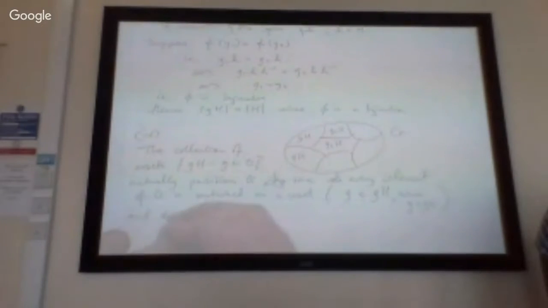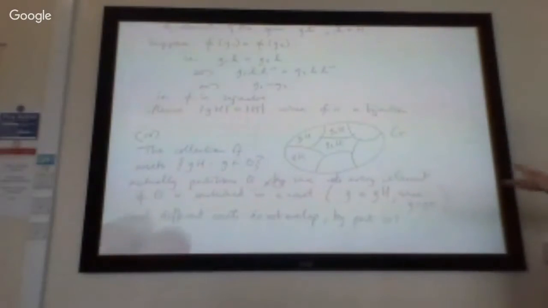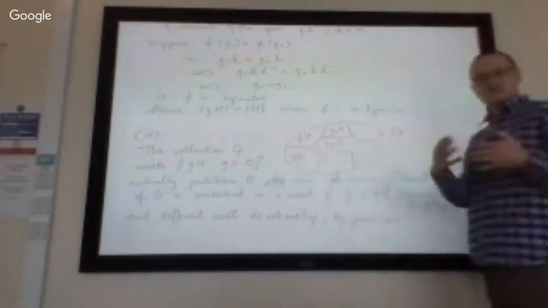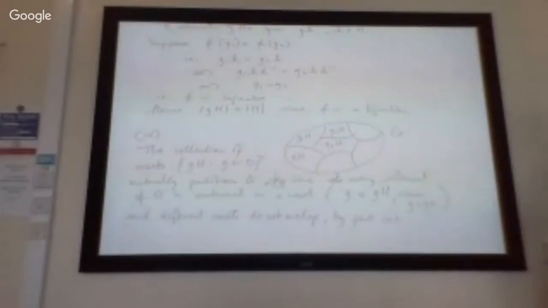And different cosets do not overlap. That's by part 2. Is that part 2 we proved? Yeah, part 2: two cosets are either the same or they're disjoint. So different cosets that are not the same are completely disjoint.